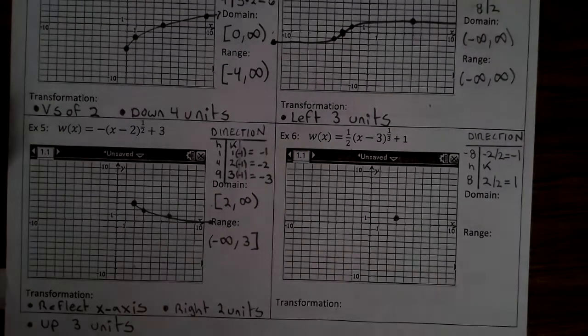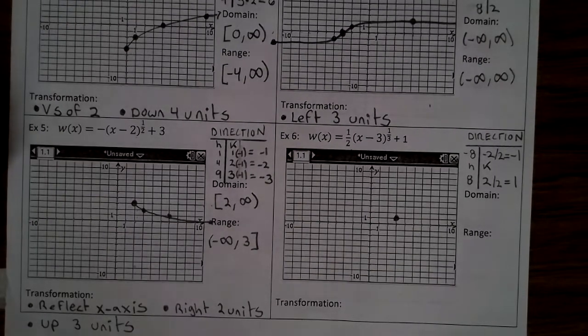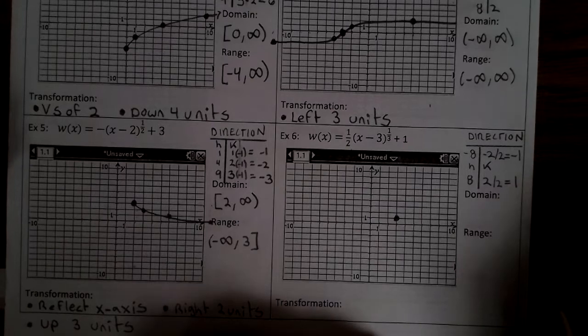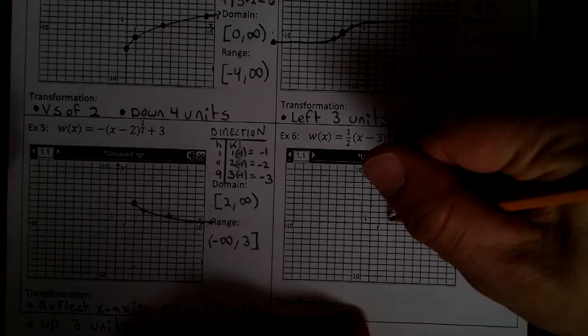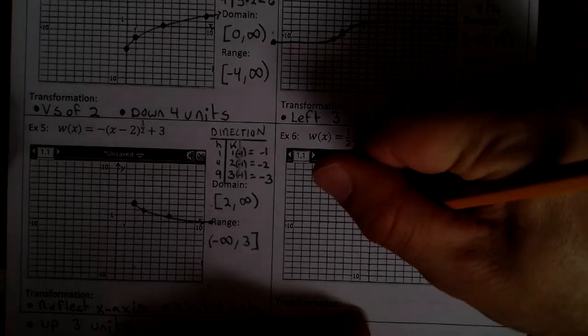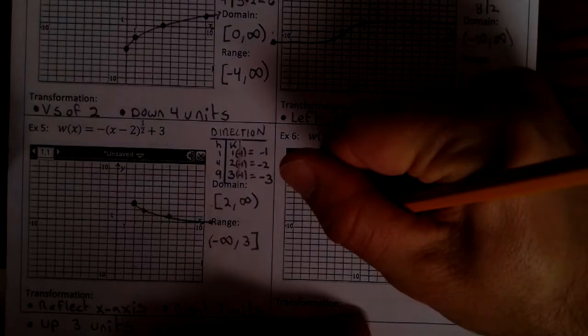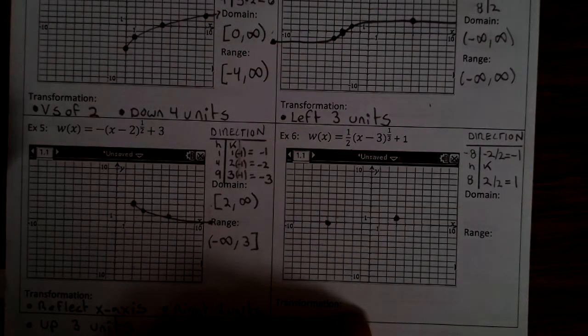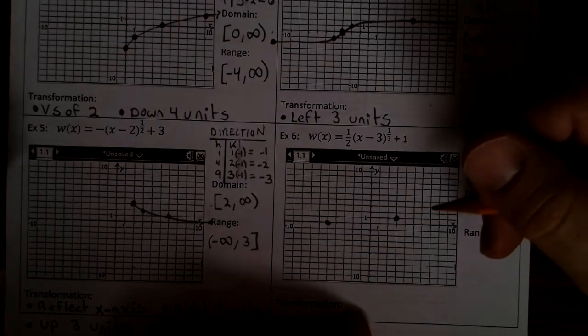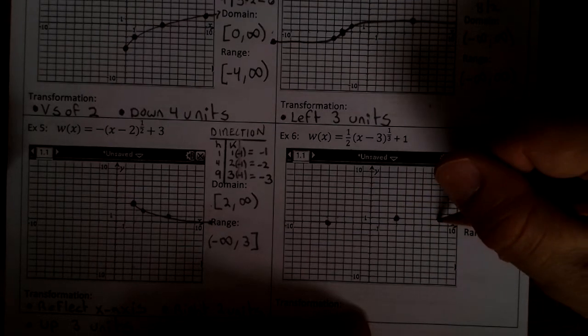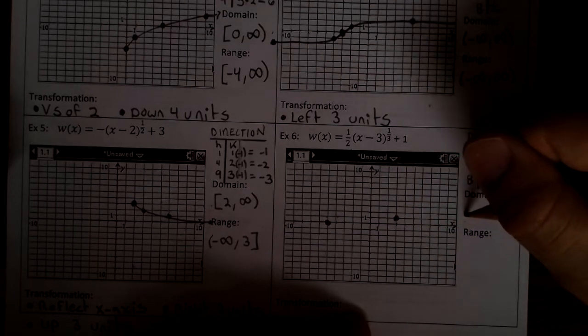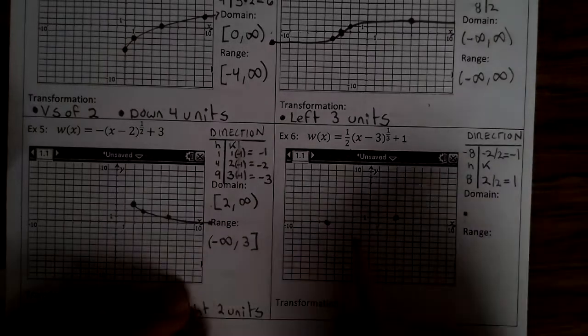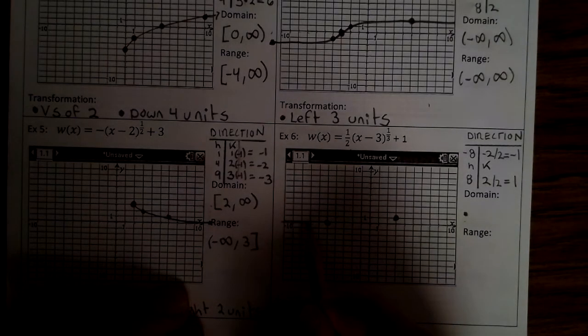From here we go left 8, down 1. And then we go to the right 8, up 1. We know our curve goes like this, and then it curves kind of like an S up to there and here.